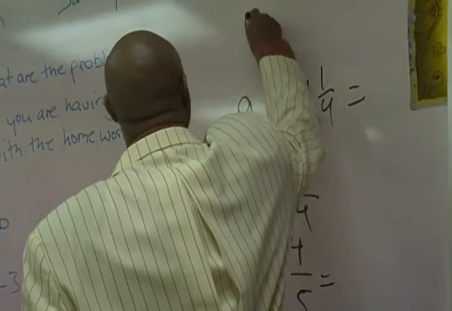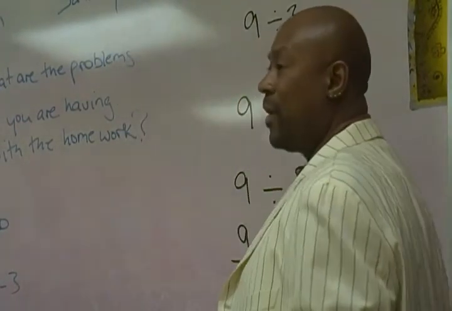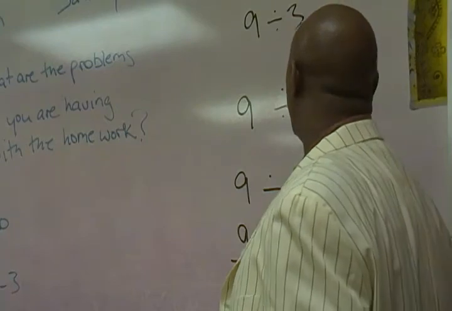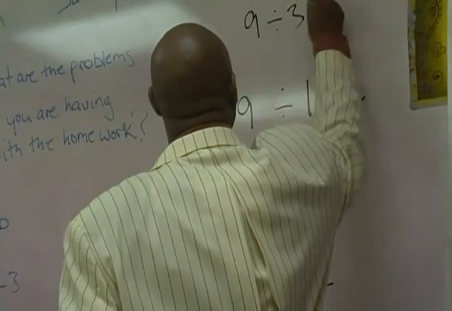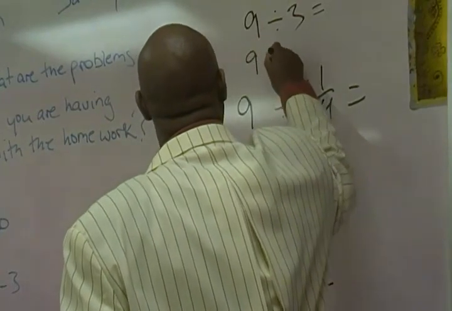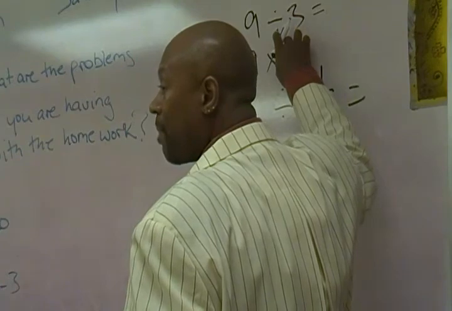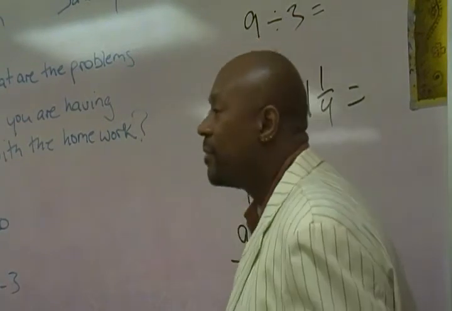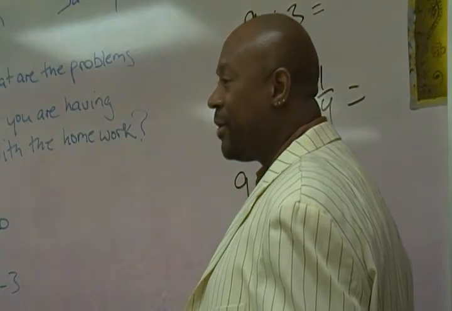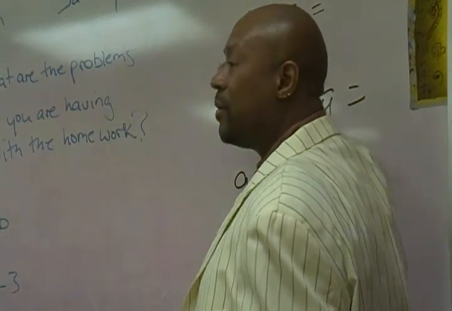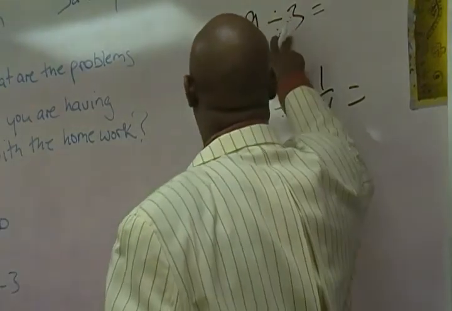If I got 9 divided by 3, just to show you that this really works. Then it's 9 times, then we gotta make that reciprocal. What's that gonna be? Sharia, student of the month, reciprocal. 3 is already 3 over 1.